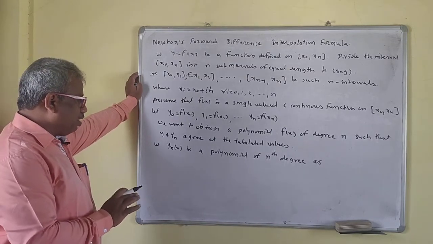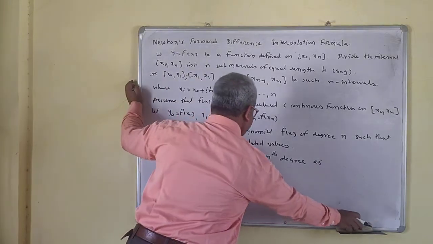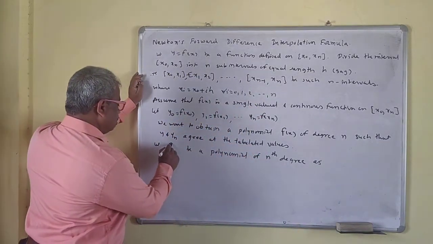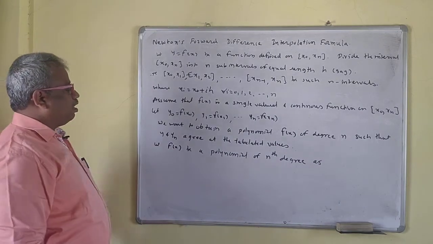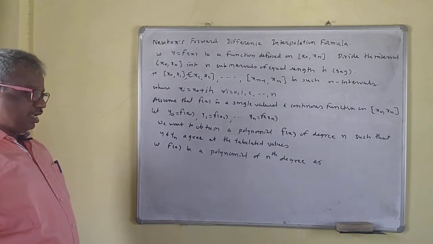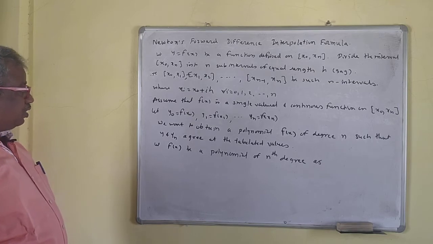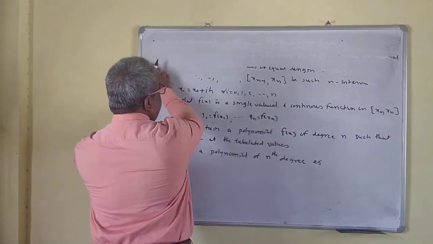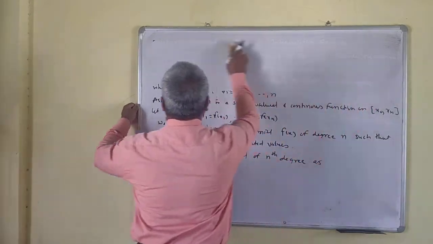So let this f of x be a polynomial of nth degree. We'll write the polynomial here.